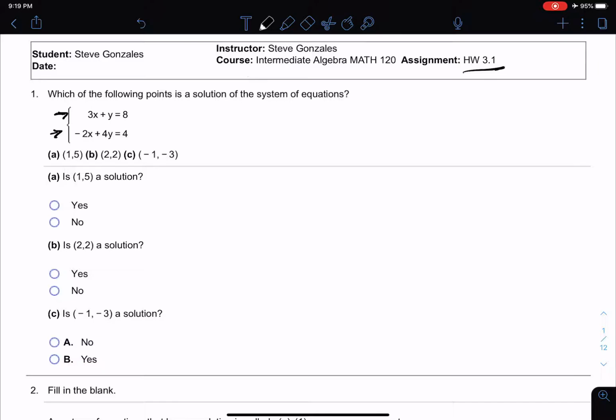So let's take a look at this first one. We're going to check. Now we want to do a check. We want to use the point 1, 5. This is our letter A, part A. So it must work with our first equation. So our first equation is 3 times x plus y must equal 8.